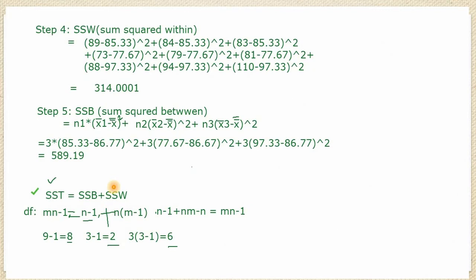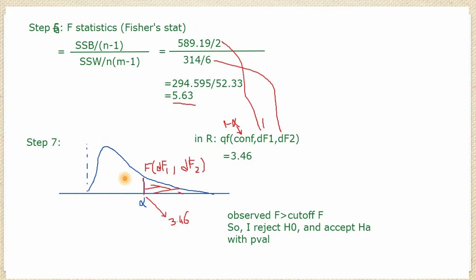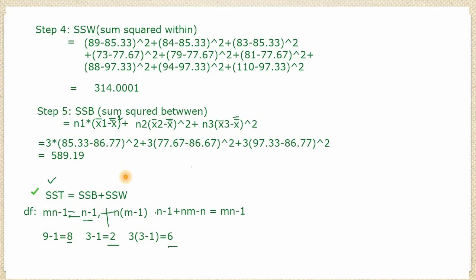And for sum squared between the degree of freedom is m minus 1, which is 3 minus 1, which is 2, plus for the sum squared within the degree of freedom will be m into n minus 1, which is 3 into 2, which is 6. So you just add them up. See, 6 plus 2 is 8, right? 9 minus 1 is also 8. So the degrees of freedom will also be the same. If we add the degrees of freedom of SSB and SSW, we get the degree of freedom in case of SST. Okay, now you have found out these values, SSB and SSW.